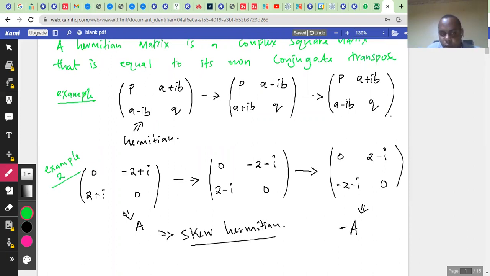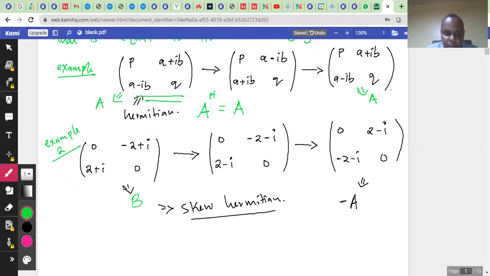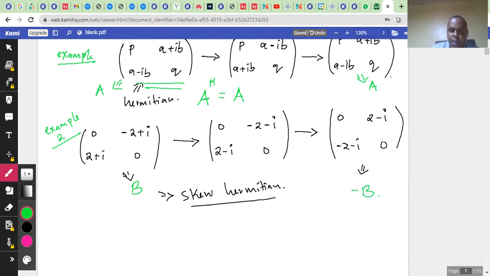For the Hermitian, if you take A, find its conjugate and then its transpose, you get the same matrix A. But for the skew Hermitian, let me call it B, we started with a matrix B and ended up with negative B. That's why it's skew Hermitian: if you take B, find its conjugate and its transpose, you get negative B as your answer.